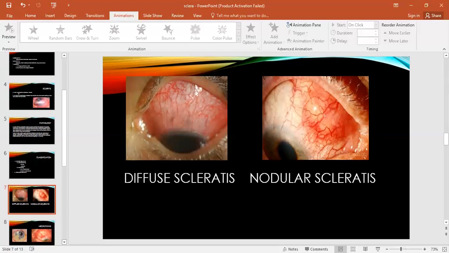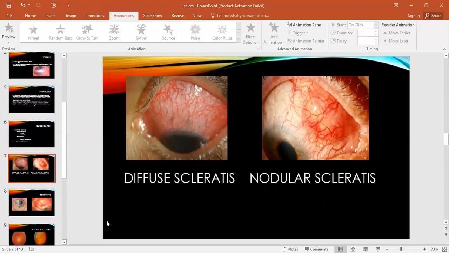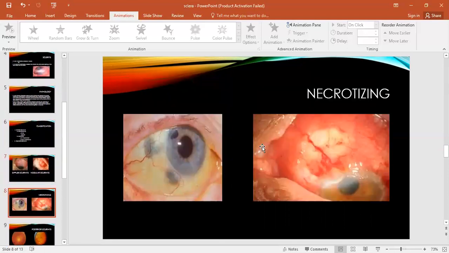Now I will show you necrotizing scleritis. These were the non-necrotizing. Necrotizing scleritis is with inflammation and without inflammation. The pain is initially mild but gradually becomes severe and persistent, and it frequently interferes with sleep.